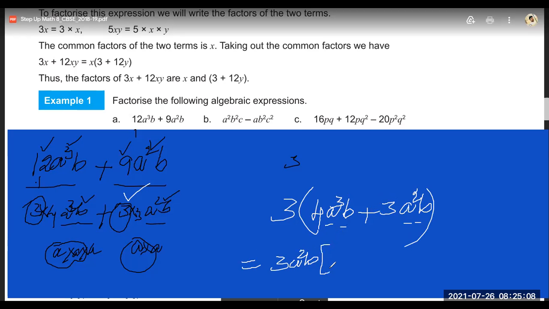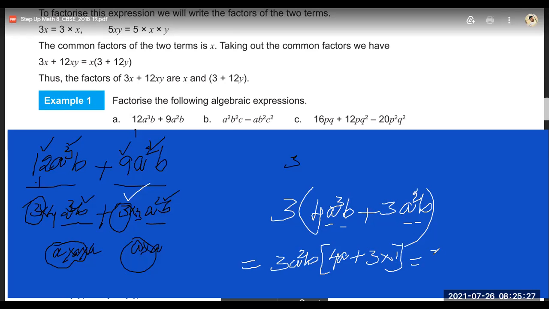When we write a square b outside, here 4 is left, and out of a cube b, a square is gone and a is left. So a and one b is already taken outside, and 3 is there. a square b is fully taken outside, so there is nothing left, you can write 1.